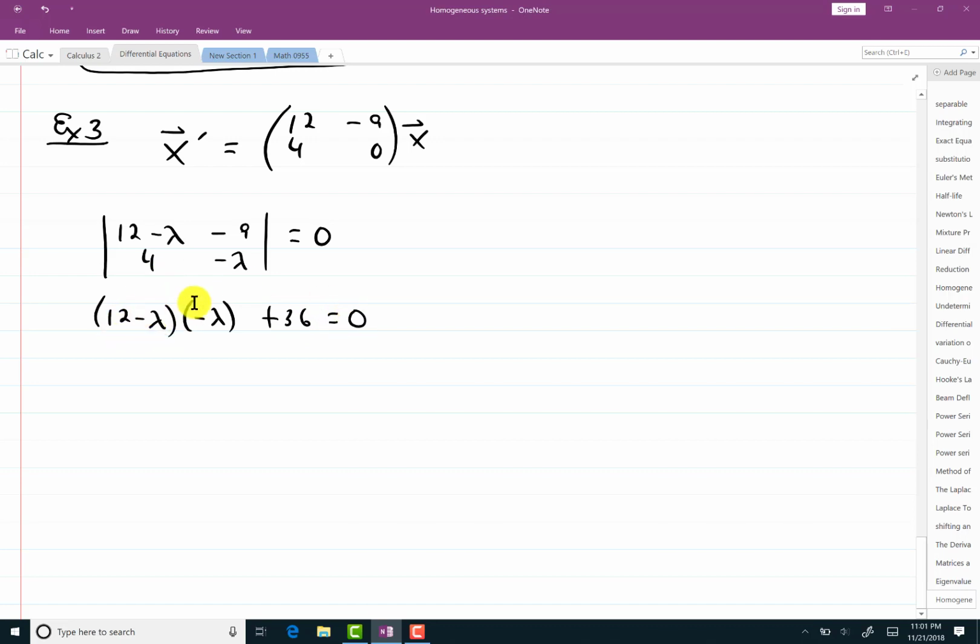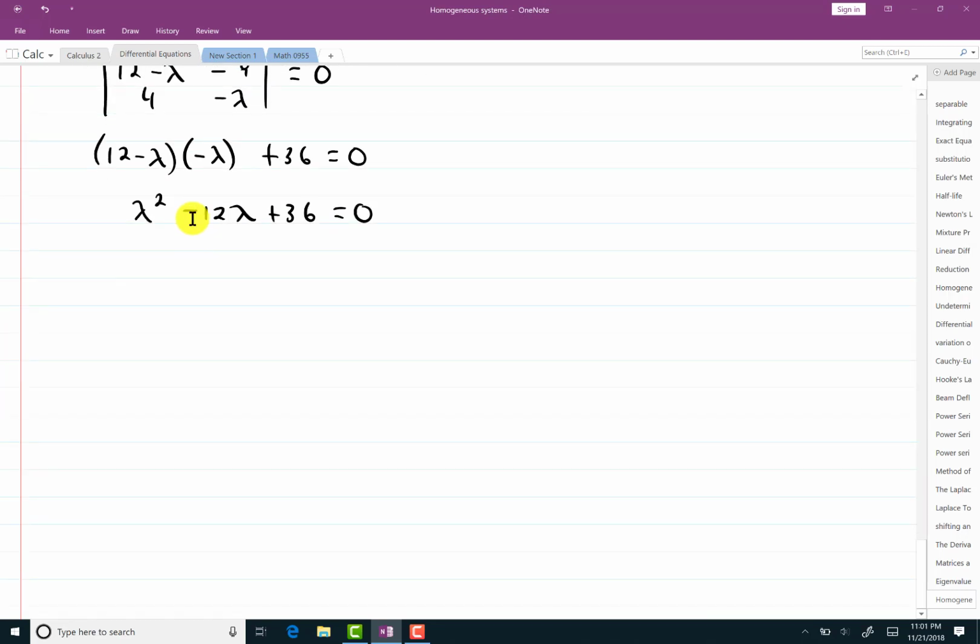And so when I multiply this through, I'm going to get lambda squared minus 12 lambda plus 36. And so here, if I factor it, it looks like I get lambda minus 6 times lambda minus 6.